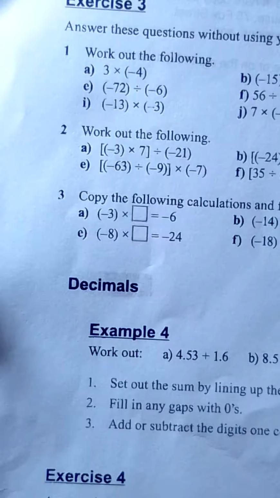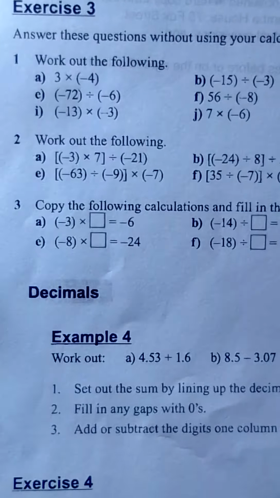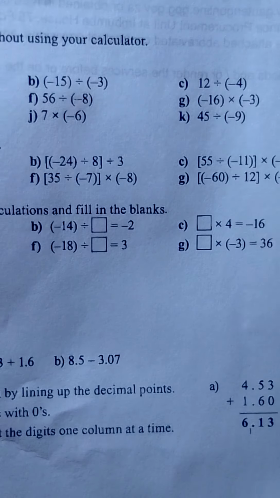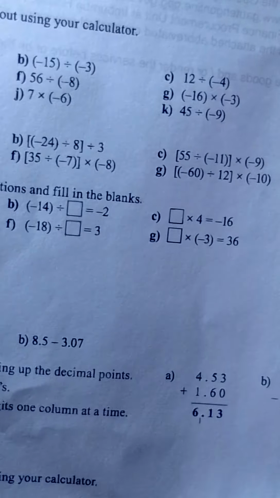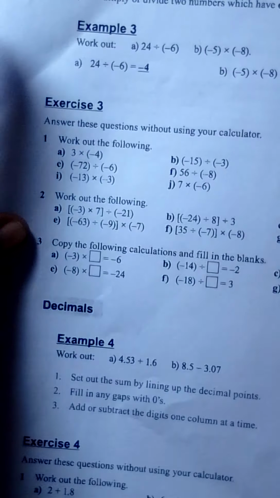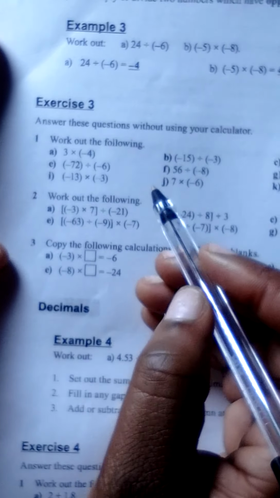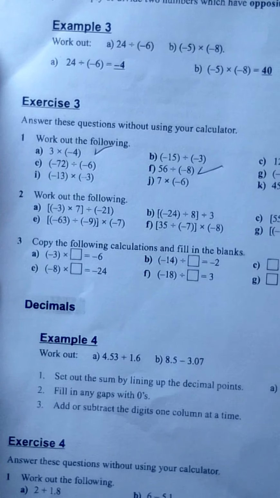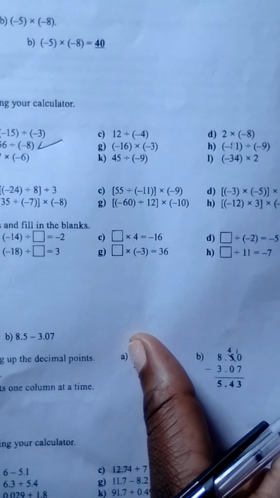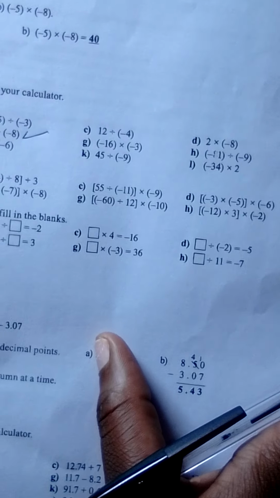Let's look at number 2A and then number 2F. Let me tick those ones. We did 1A and 1F, right? Then the rest is part of your exercise, right?